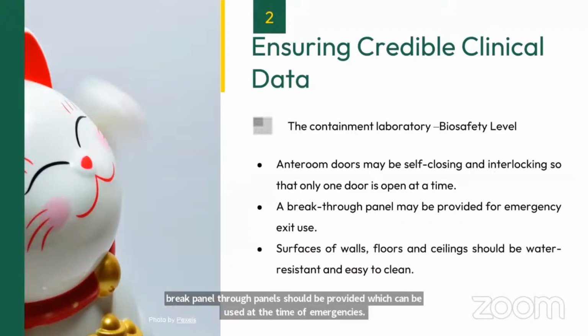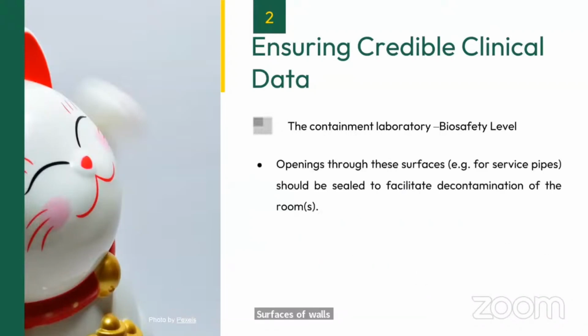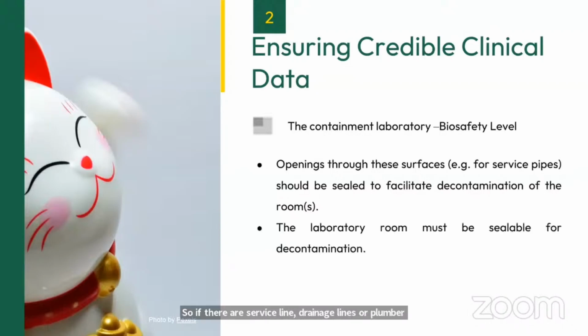Surfaces of walls and flooring should be water resistant and easy to clean. Openings through these surfaces should be sealed to facilitate decontamination of the room. If there are service lines, drainage lines or plumbing lines, the openings should be appropriately sealed so that there is no cross contamination of those areas.